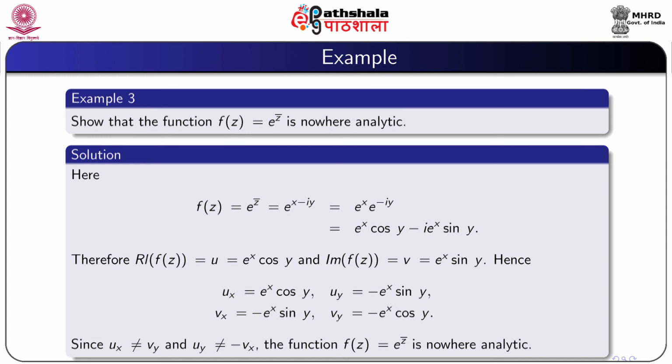So, real f(z), which is u, is equal to e to the power x cos y, and imaginary f(z), which is v, equal to e to the power x sin y.